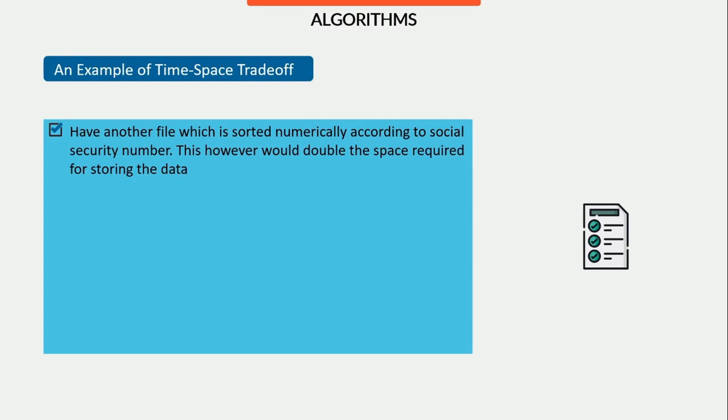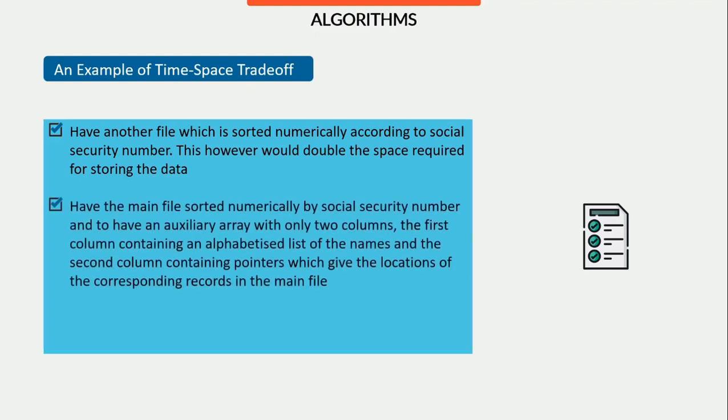Another way is to have the main file sorted numerically by social security number, and to have an auxiliary array which only has two columns, the first column containing an alphabetical list of the names and the second column containing the pointers which give the location of the corresponding records in the main file.